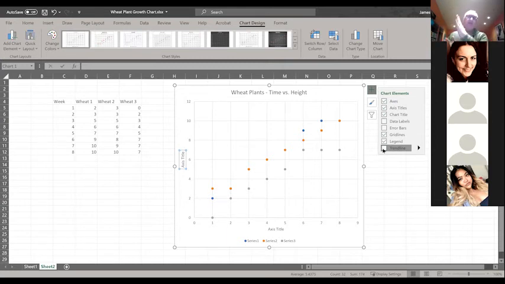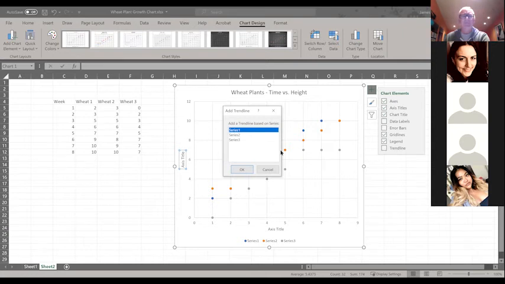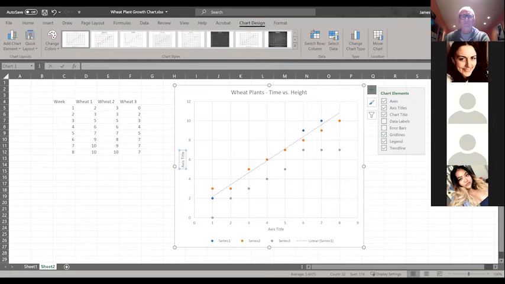Is it exponential? Is it logarithmic? Looking at the graph we drew ourselves, linear is probably a pretty good fit. So I go to Trendline, click on that, and choose trendline for series 1, and it gives me a linear line all the way through.